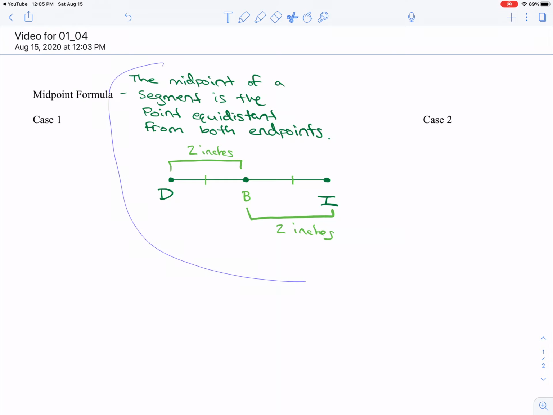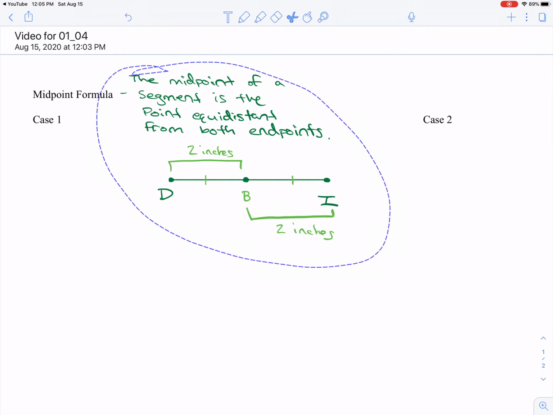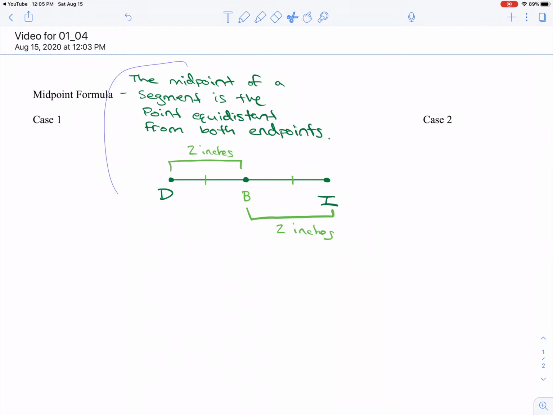All right, so keeping that in mind, there are two different cases. So case one. Let me just give you an example.